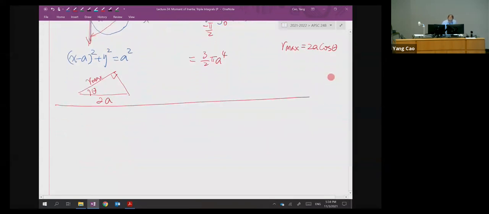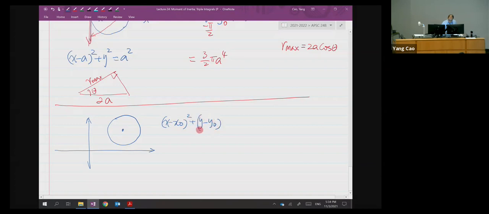Okay, so this is just a quick thought regarding the circle. Assuming that you have a region R, which is this.